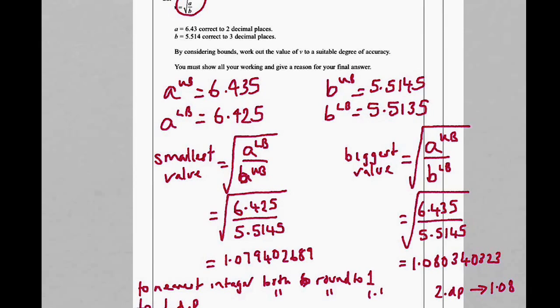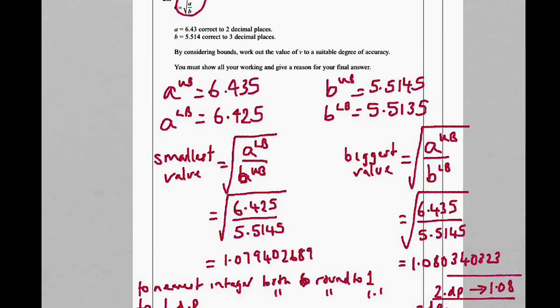It's only when we get to 3 decimal places that there's a difference according to which bounds have been used. So therefore, we could say that a suitable degree of accuracy would be 2 decimal places, but we do need to show all of this working out.